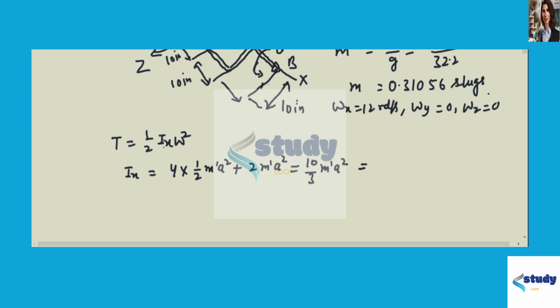So the moment of inertia you can find, having the value 10 by 3 into 10 by 12. So it becomes 0.089861 slug feet square.